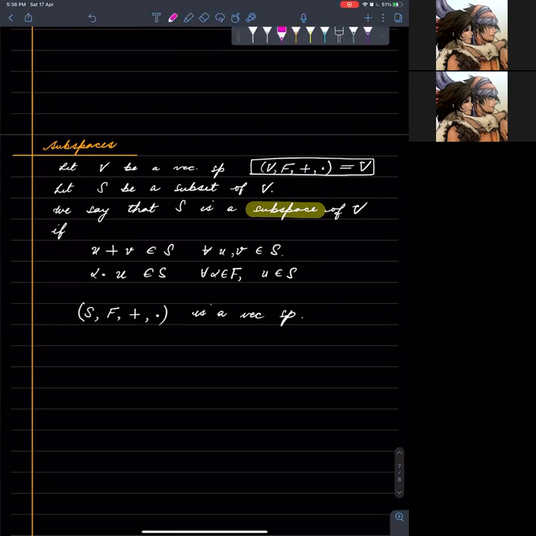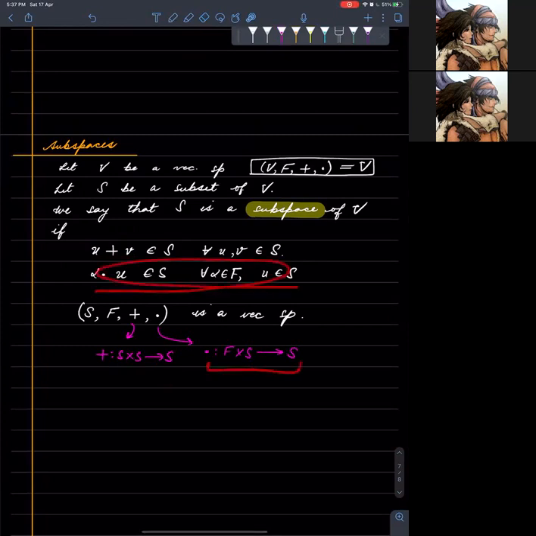So this plus now denotes this map, and since S satisfies the property that if you add two things in S, you again remain in S, this map is indeed a map from S cross S to S rather than V. And similarly, this scaling means the map which goes from F cross S to S. And again, by this property, this is a meaningful map.